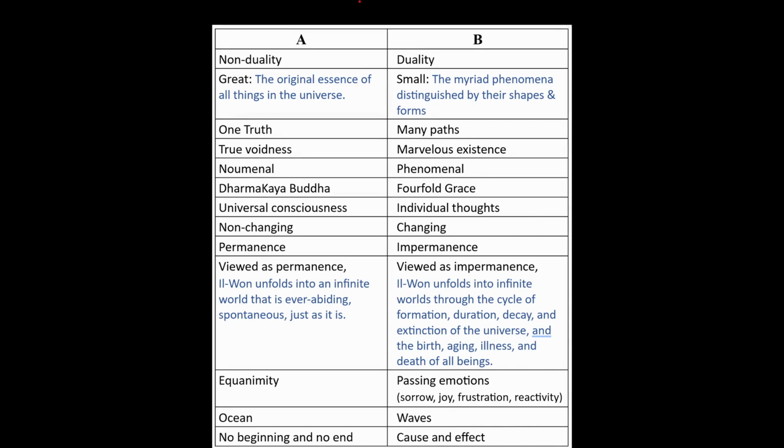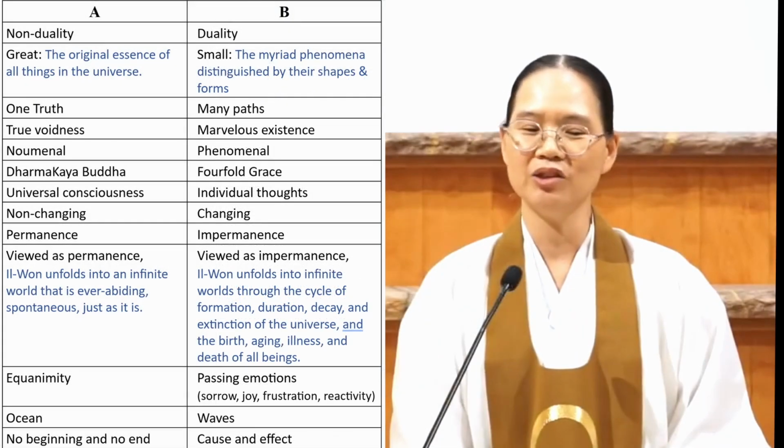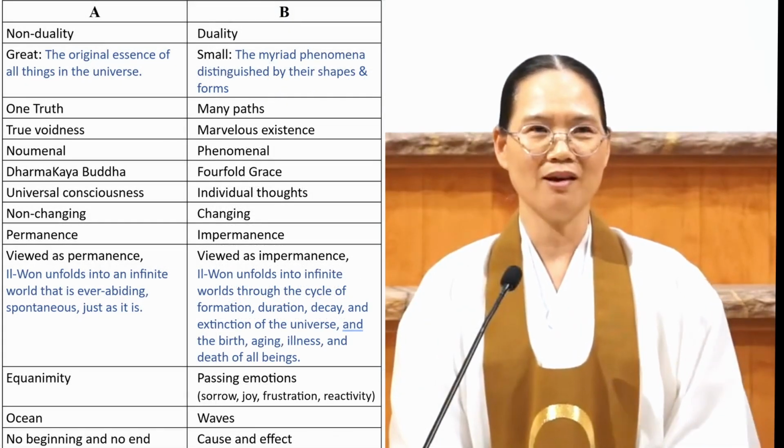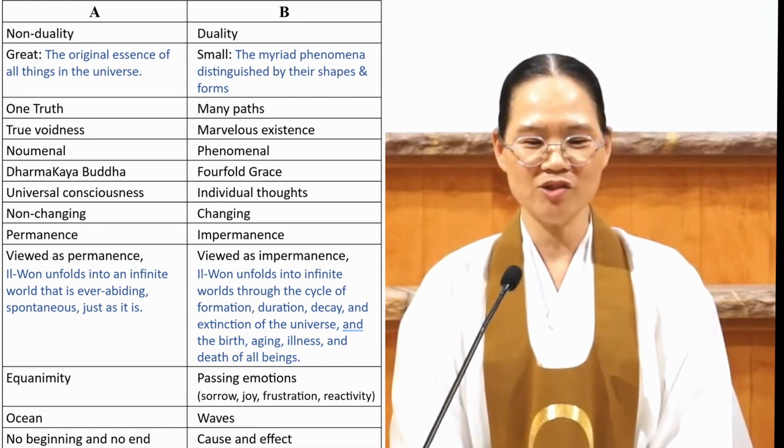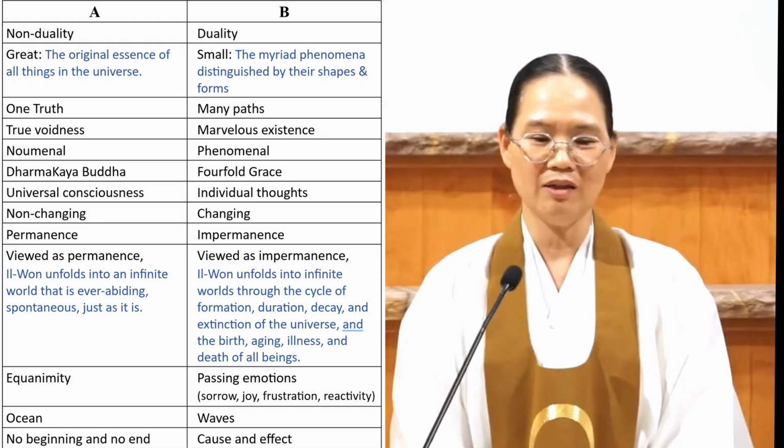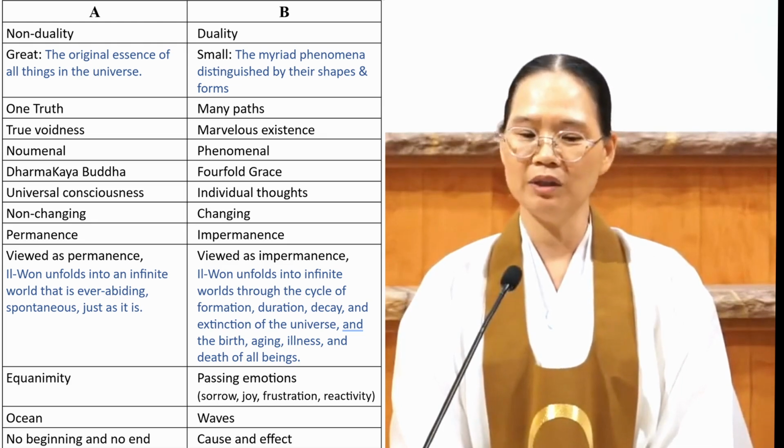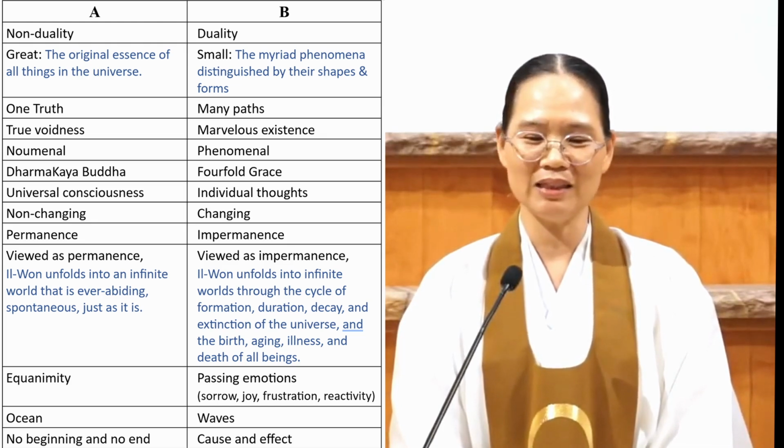In explaining the principles of true nature, there can be complicated terms that can trip us up. So I created this chart so you can see the many expressions for non-duality and duality.